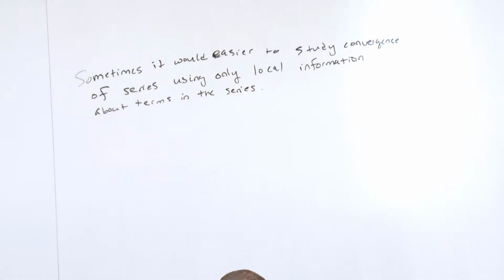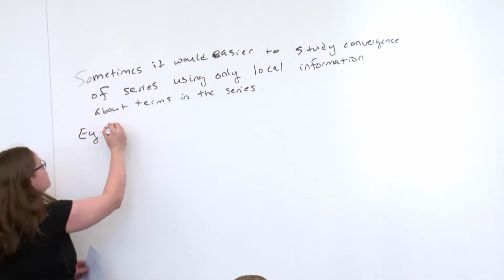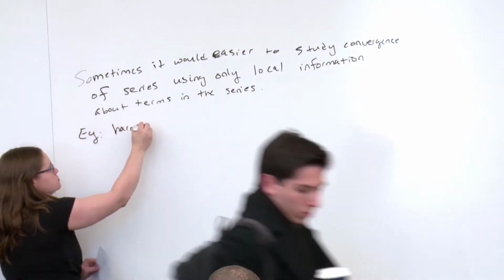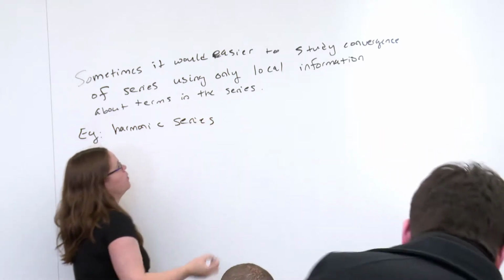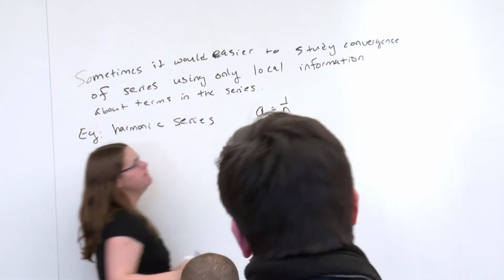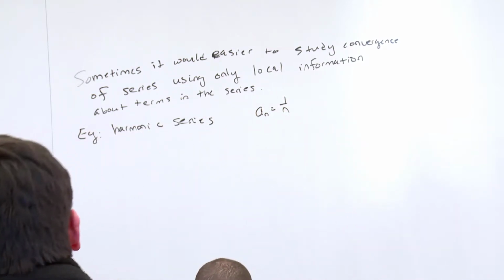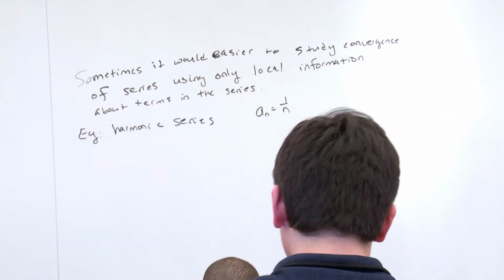Okay, I mean, we tried this right back when we were first thinking about convergence of sequences and series. We tried this with the harmonic series, and our first attempt at doing really local behavior didn't quite work. So if we come back to the harmonic series, where here we have our general term a_n equal to 1 over n, and we add them up.